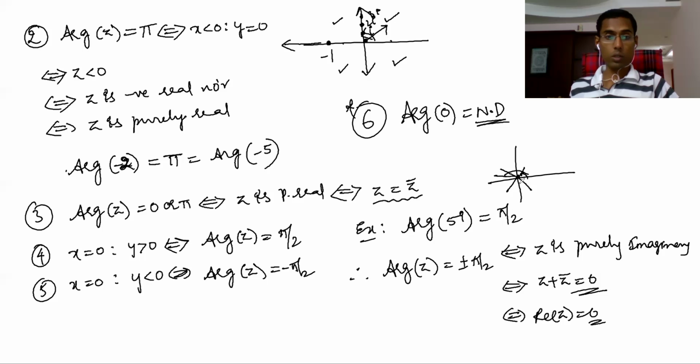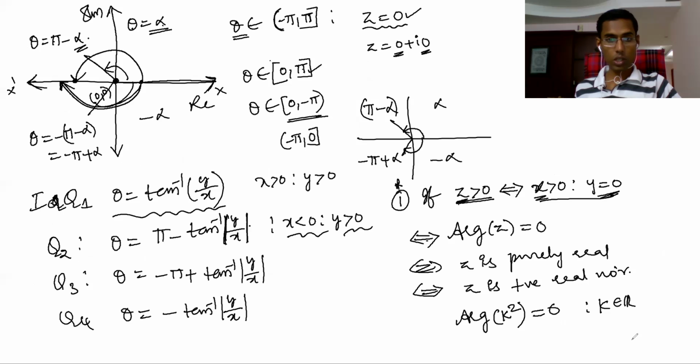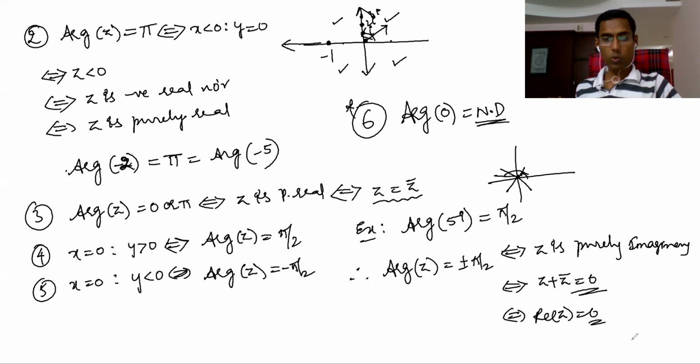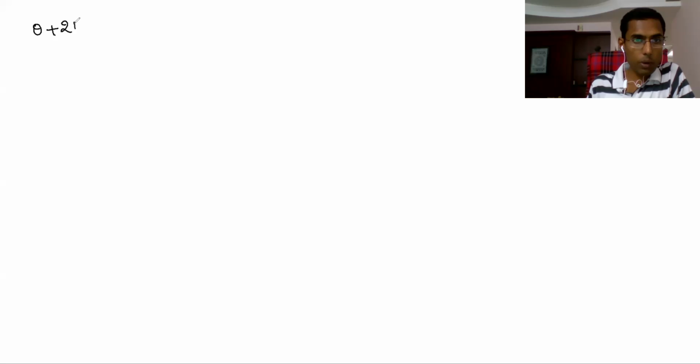Okay, all right. So this is about our principal argument. We discussed principal argument very clearly, so you can understand it because you already discussed this one. If you know what principal argument is, you can understand the general argument. I told you if theta is the principal argument, then theta plus 2k pi is the general argument.